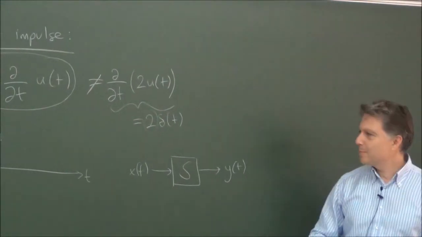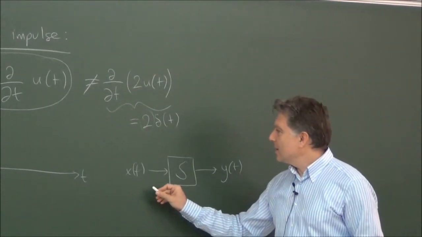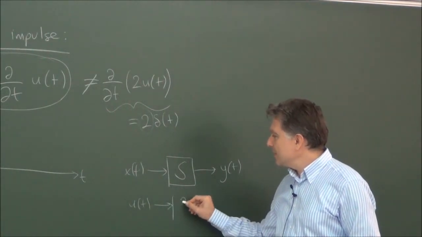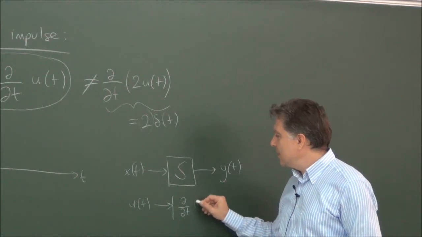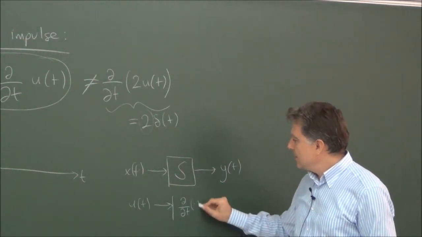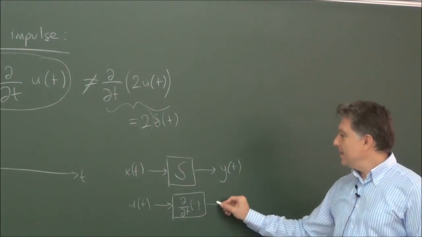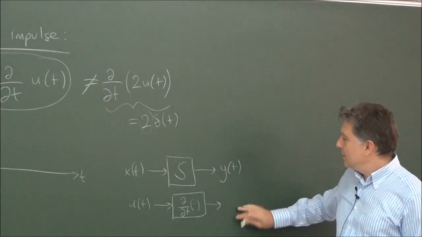It's a system. So when u of t comes in to this system, let's now notate the system like this. It's taking the time derivative, and the output is delta t then.